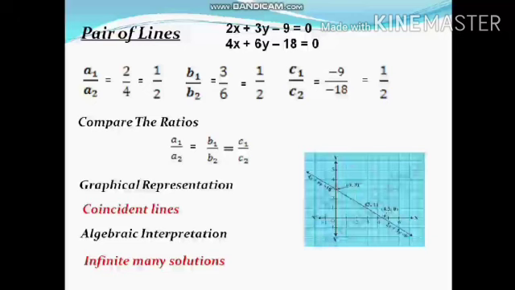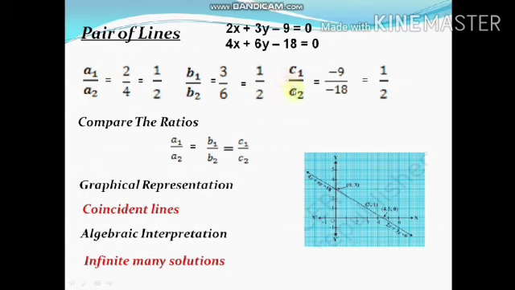Let us take this example again: 2x plus 3y minus 9 equals 0 and 4x plus 6y minus 18 equals 0, which we have already taken at the time of graphical representation. Here the ratio of a1 upon a2 is equal to 2 upon 4, which is equal to 1 upon 2. The ratio of b1 upon b2 is equal to 3 upon 6, which is again equal to 1 upon 2.